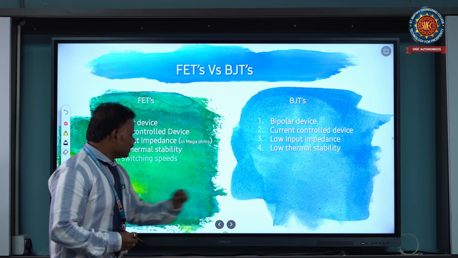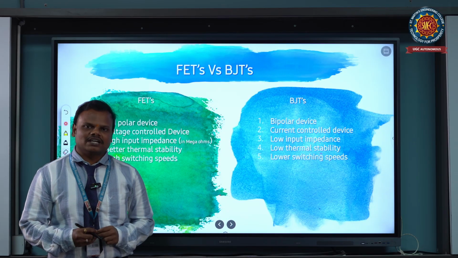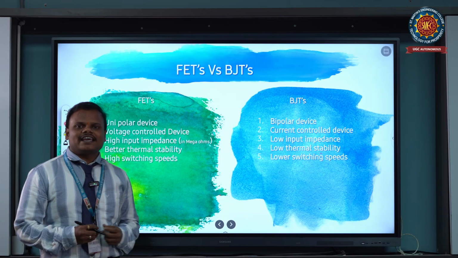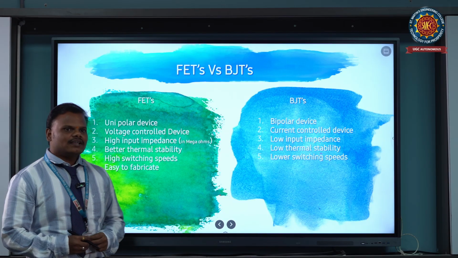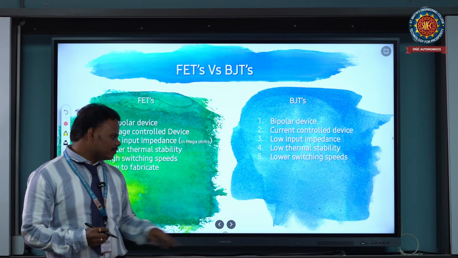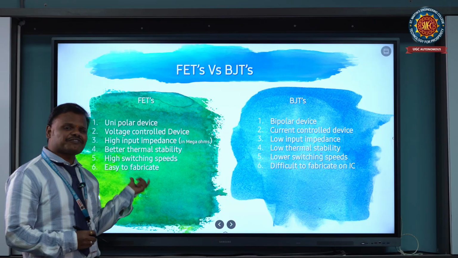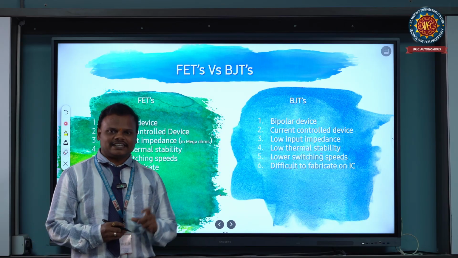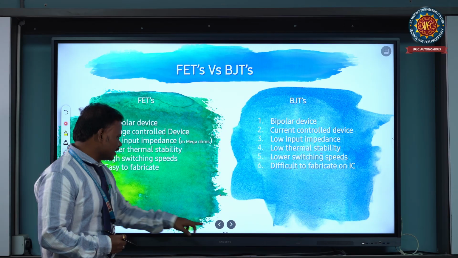Next, FETs have high switching speeds, whereas BJTs have lower switching speed. Hence we are able to use FETs in switching applications in digital circuits. Next, FETs can be easily fabricated as compared to BJTs, because their construction is very simple, but BJT construction is complicated.